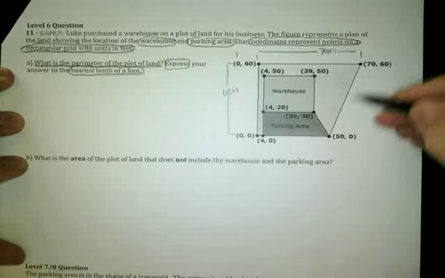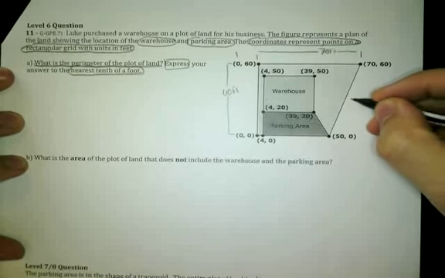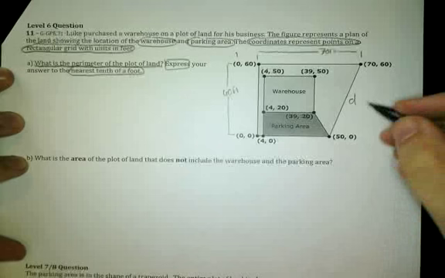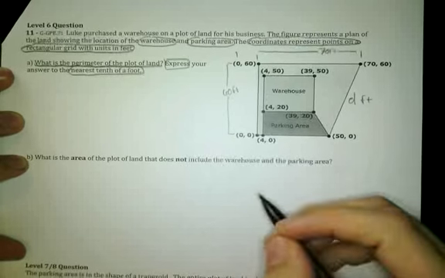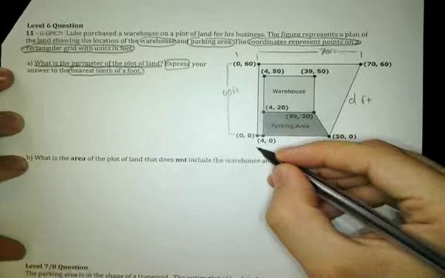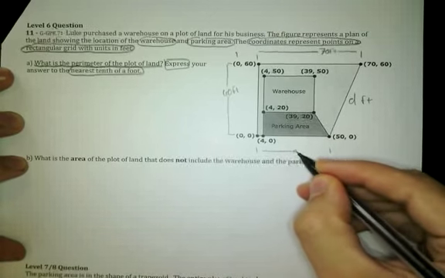This is a diagonal line, so I'm going to have to use the distance formula to find the distance between those 2 points. I'm going to call it d for right now, but this will be d feet. And lastly, the last length is going to go from here to here, which is a total of 50 feet.